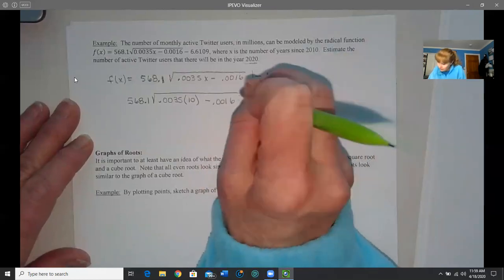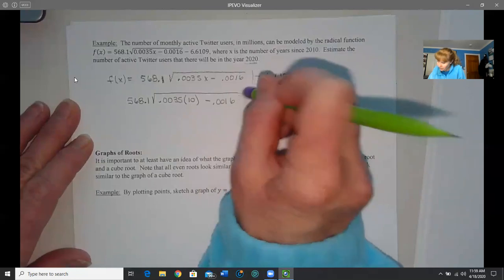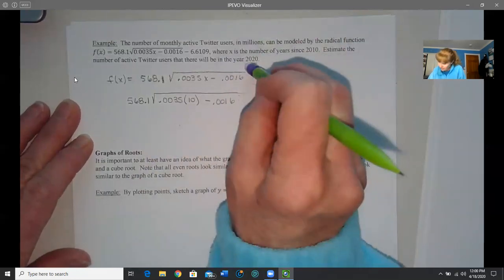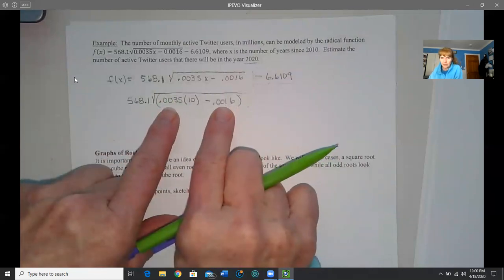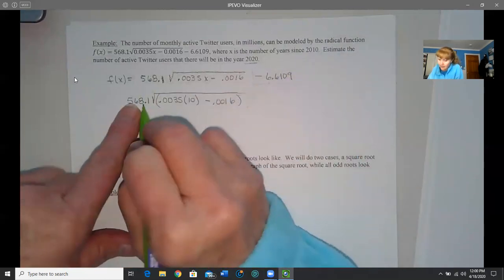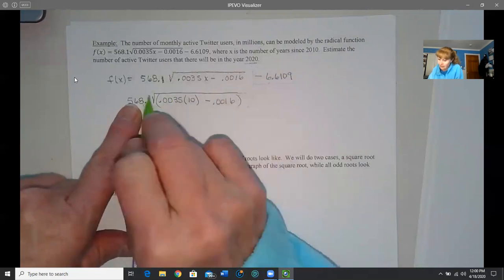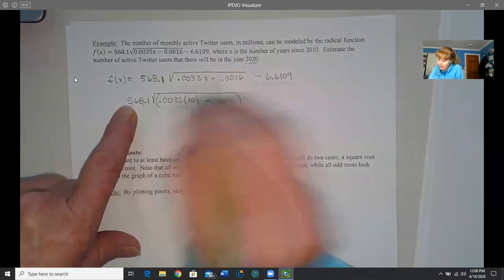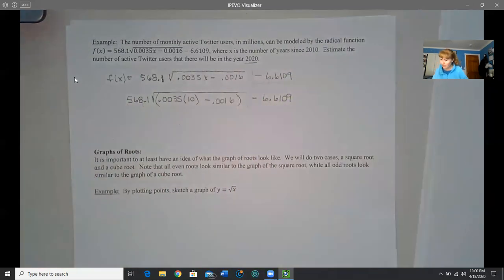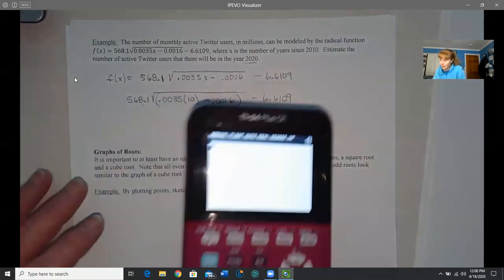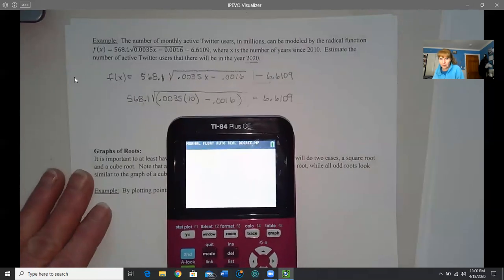You want it to find the square root of this part and then multiply it by this. So it'll do inside, take the square root, multiply it by this, and then subtract 6.6109. I hope I copied all that down right. I think I did. And so you just type that into your calculator, and I should have done this before just to save you guys from watching, but I will do that maybe here.